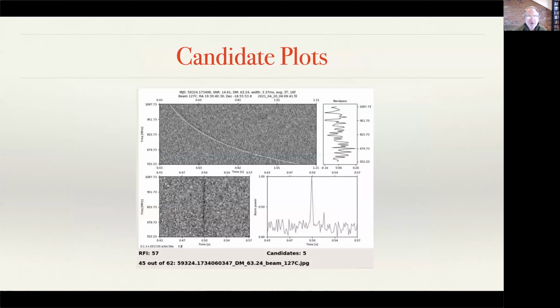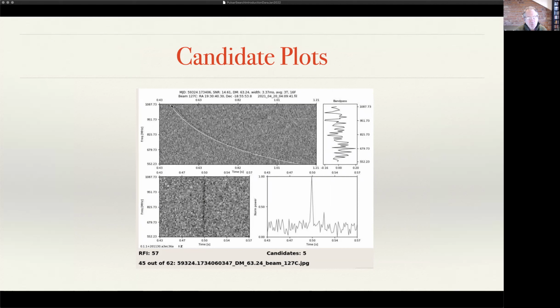So here is what one of our candidate plots looks like when we're looking for one of these new sources. At the top, you can see the usual time on the x-axis and frequency on the y-axis, and the software detected a pulse with a dispersion measure of 63.